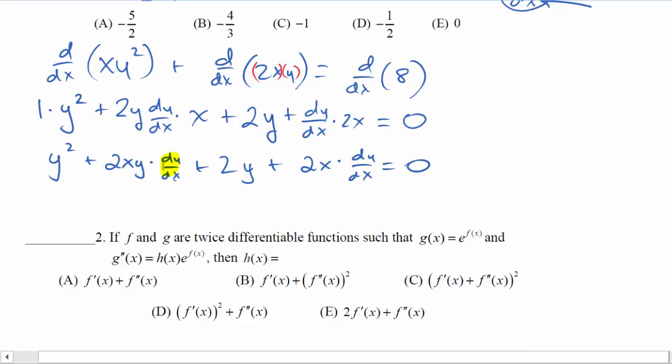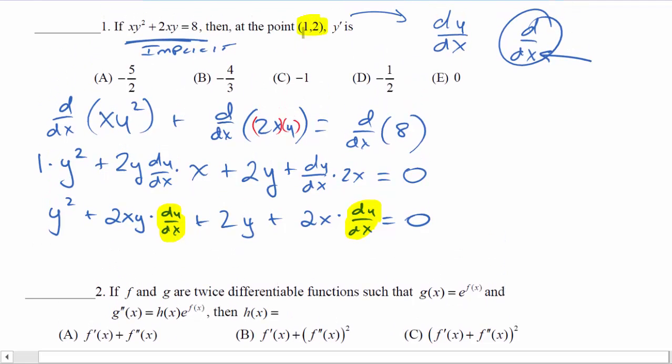Now what I need to do is solve for dy dx when I have this point 1 comma 2. Ideally, we should solve for dy dx here. However, it'll just be easier using algebra if we just plug in 1 comma 2 right now.